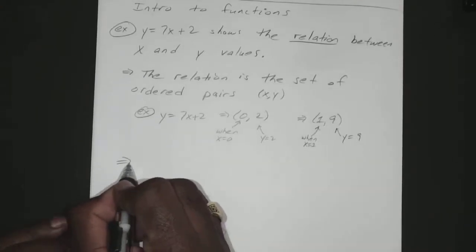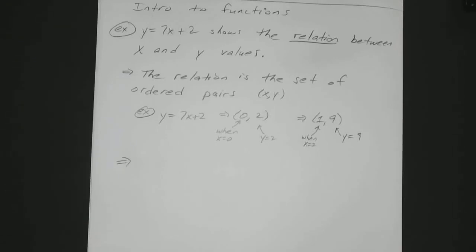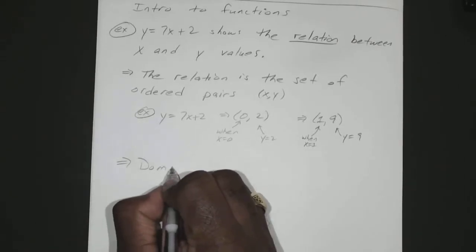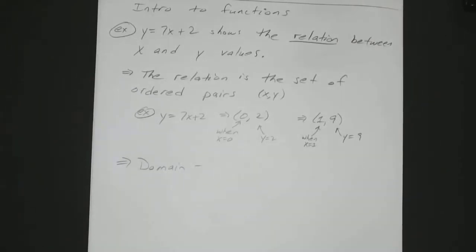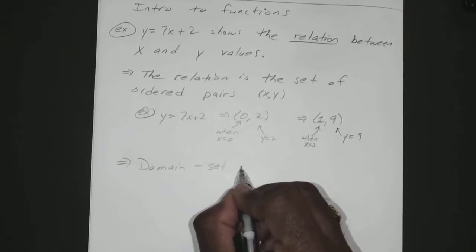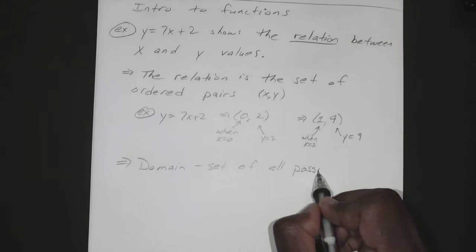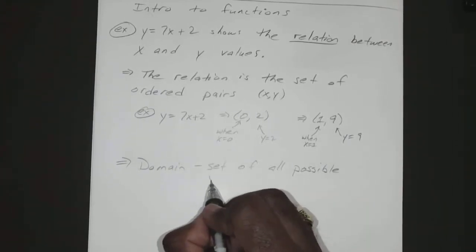Now the domain of that relation is every possible x value. Any x value where you won't have a denominator of 0 or a negative square root. So all of your real possible x values. The set of all possible x values.